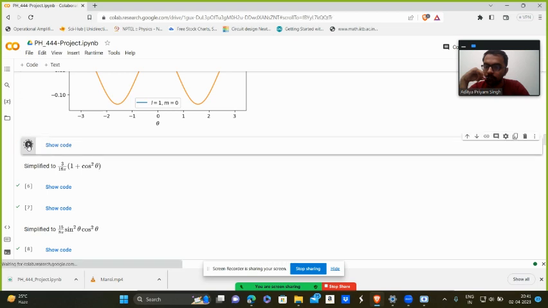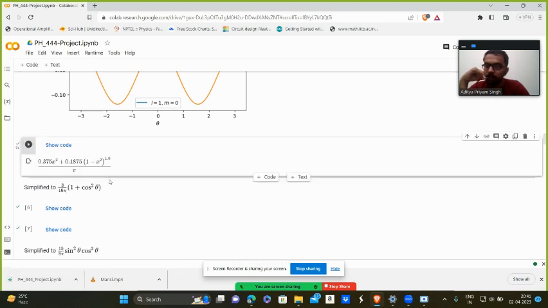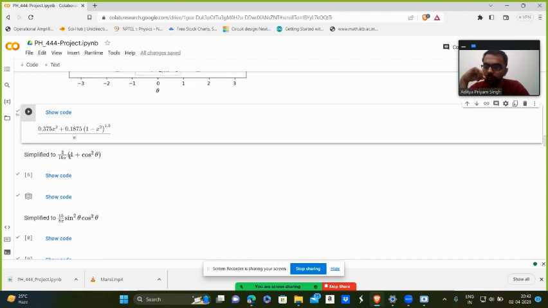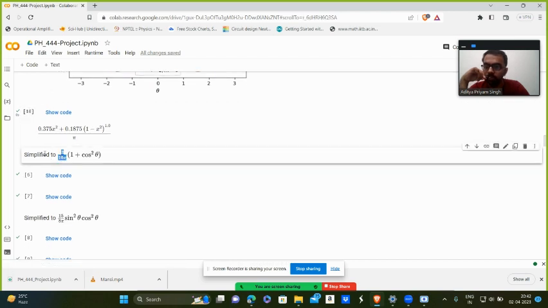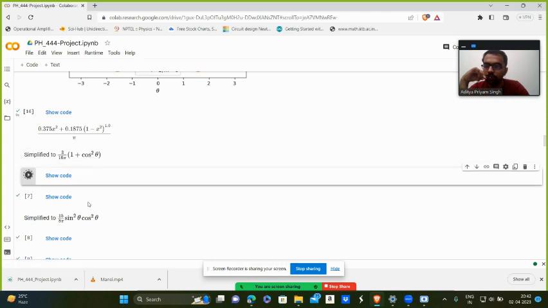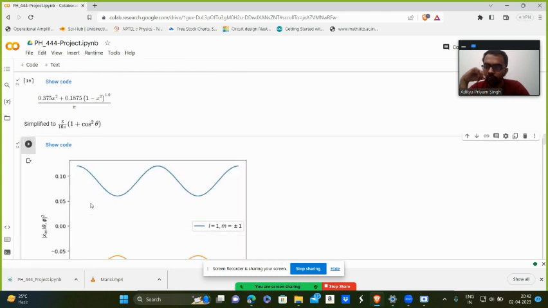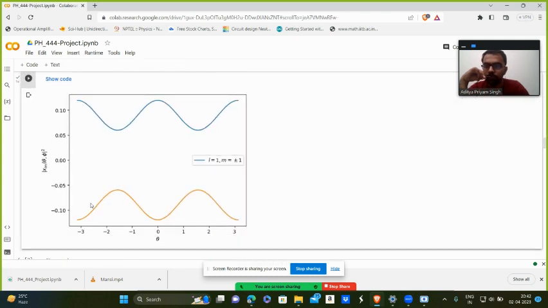Similarly, for L equal to 1 and M equal to plus minus 1, we'll get this kind of equation, again substituting x equal to cos theta. This will be simplified to this equation, which when plotted will give this radiation pattern for L equal to 1 and M equal to plus minus 1.